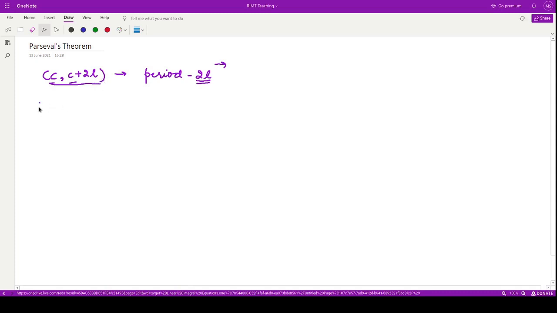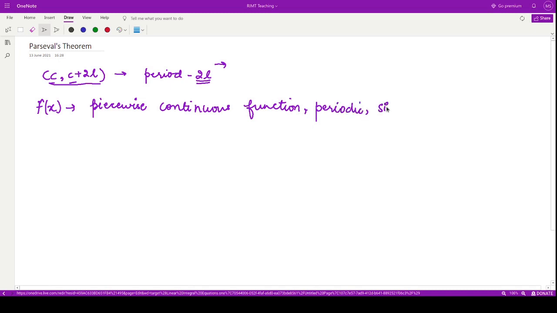For this case, suppose f of x is given to be a piecewise continuous function which is single valued, fulfills all the conditions, and is periodic. Then we already know how to write the Fourier series of this function.